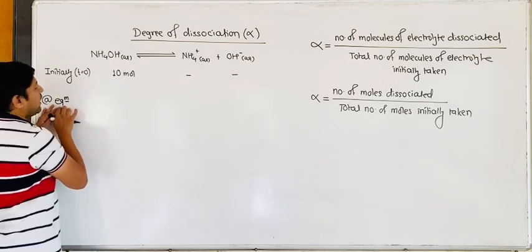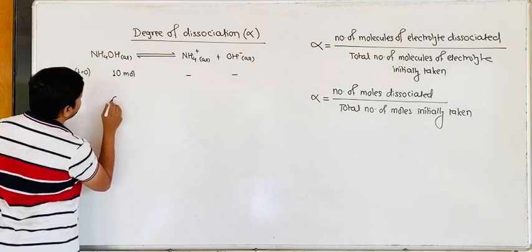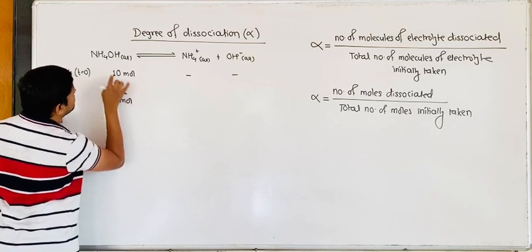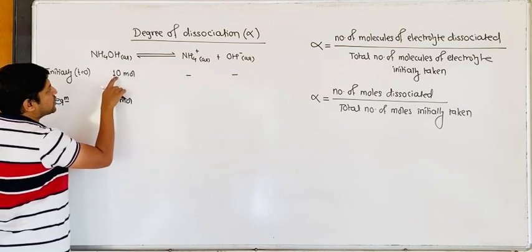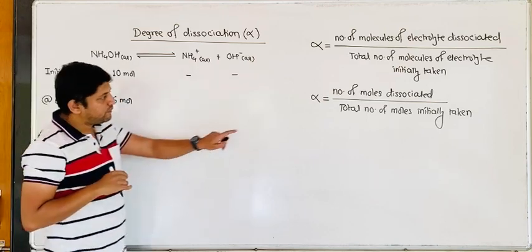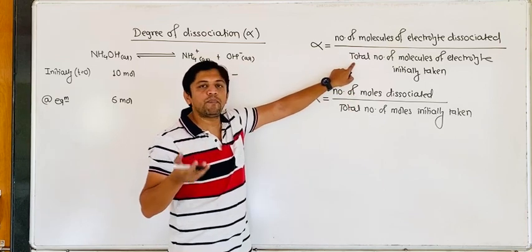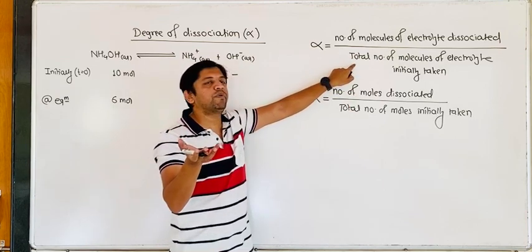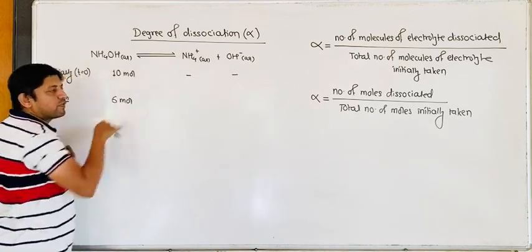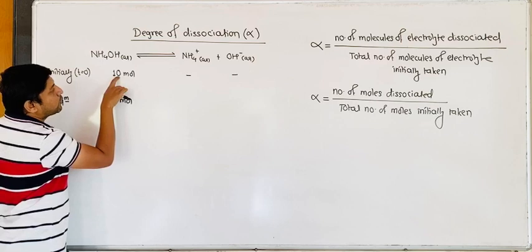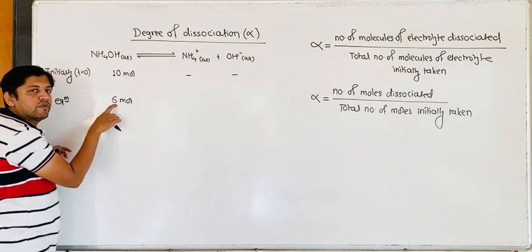And let's assume when equilibrium is attained, we have 6 moles of NH4OH still present in aqueous solution. Initially we have taken 10 moles, that represents moles initially taken before the dissolution. And when equilibrium is attained in this process, out of these 10 moles, 6 moles of NH4OH remain undissociated.